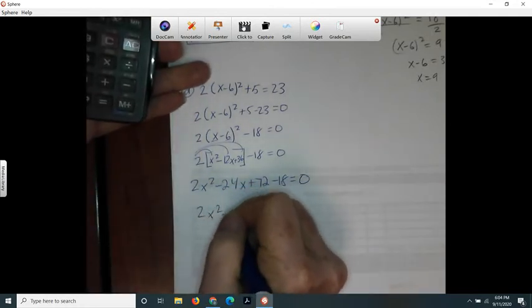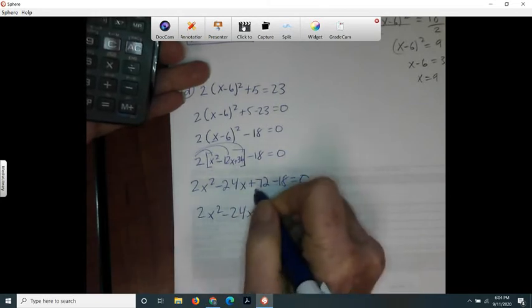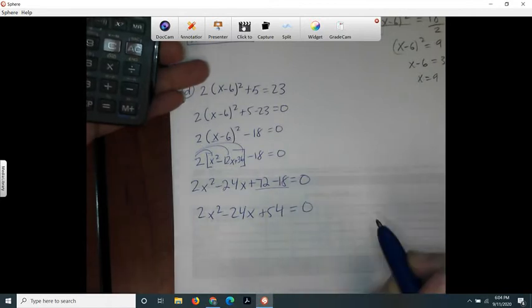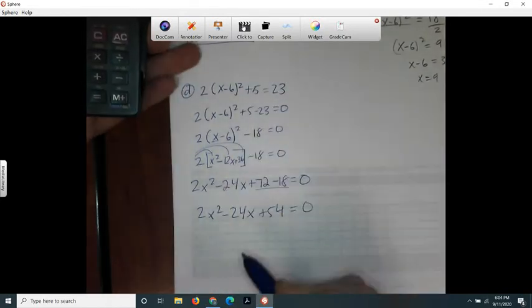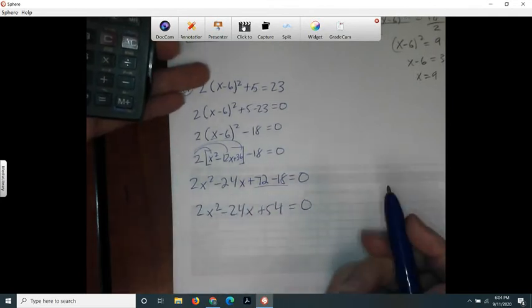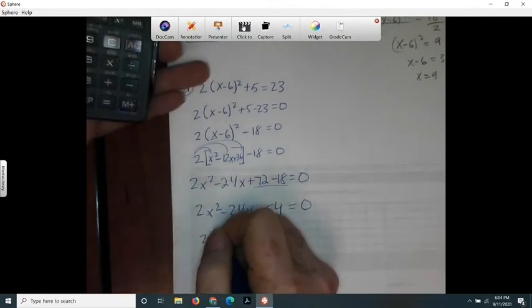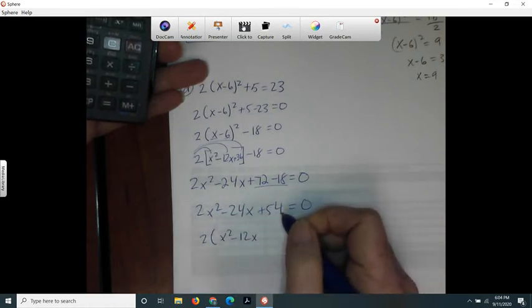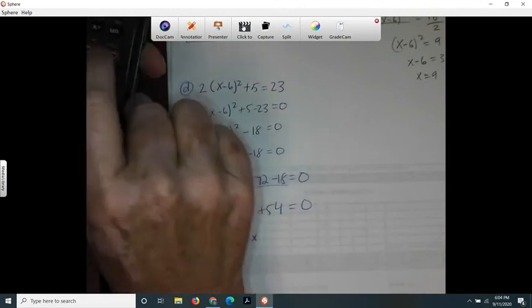So this is the long way, but it's the way that's going to get me my other answer, because we know 9 is an answer, but I need something else. So I think I'll factor out a 2. It's half of 54. Is it 27? Yes.